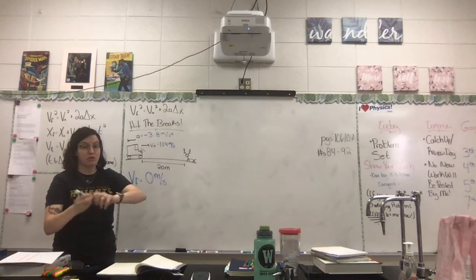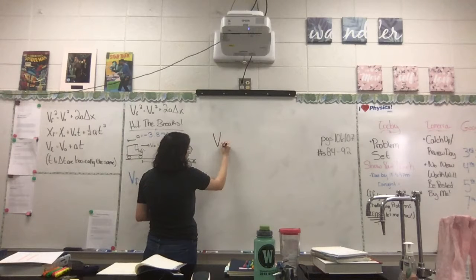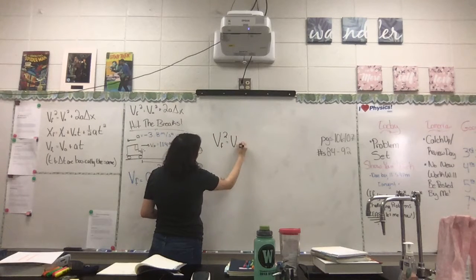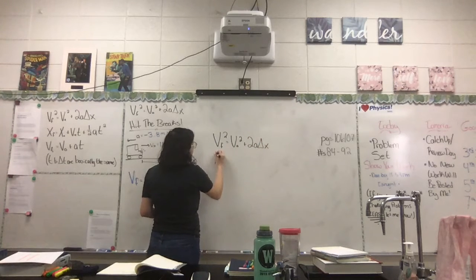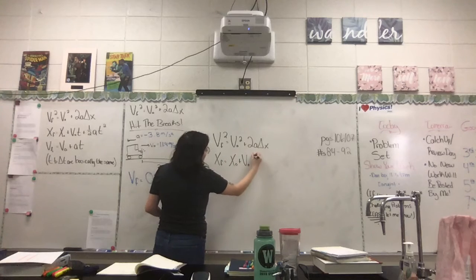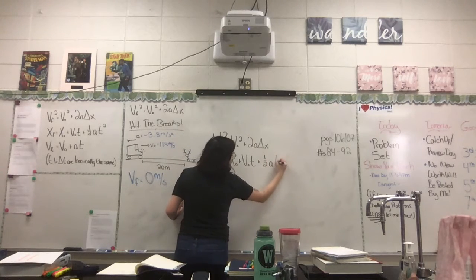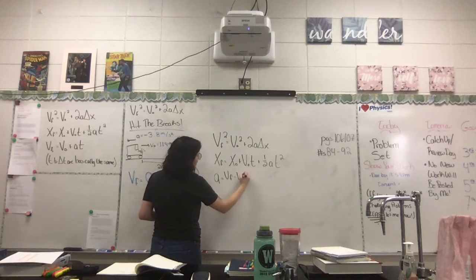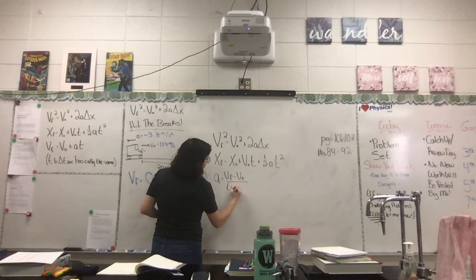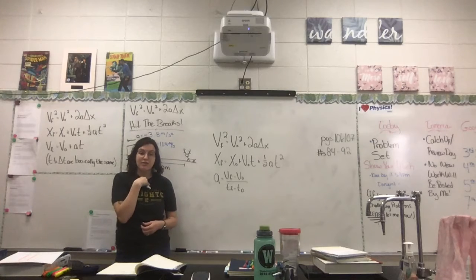The 3 equations you'll use today are vf squared equals v naught squared plus 2a delta x; x final is equal to x initial plus v initial times t plus 1/2 a t squared; and finally, acceleration is equal to final velocity minus initial velocity over final time minus initial time. Those are the 3 equations I used to solve the problem set.